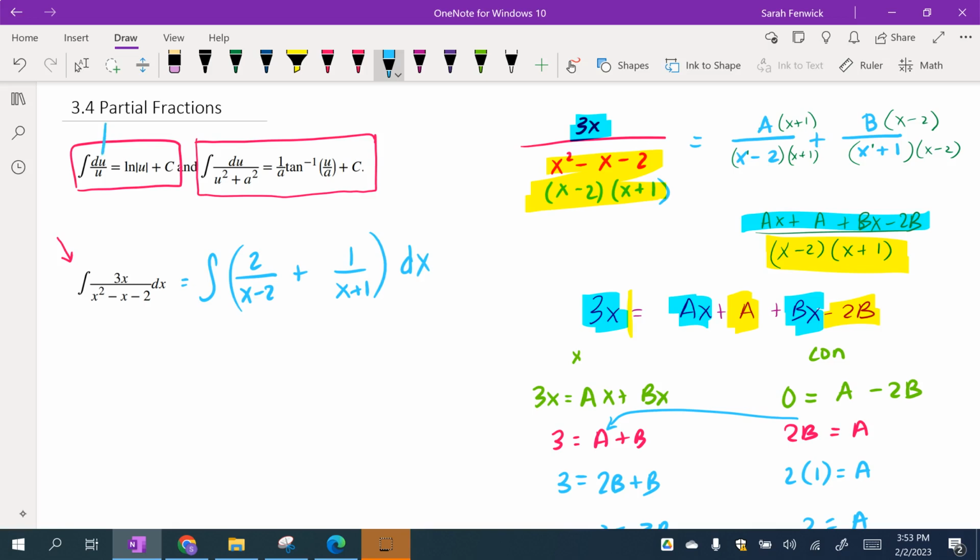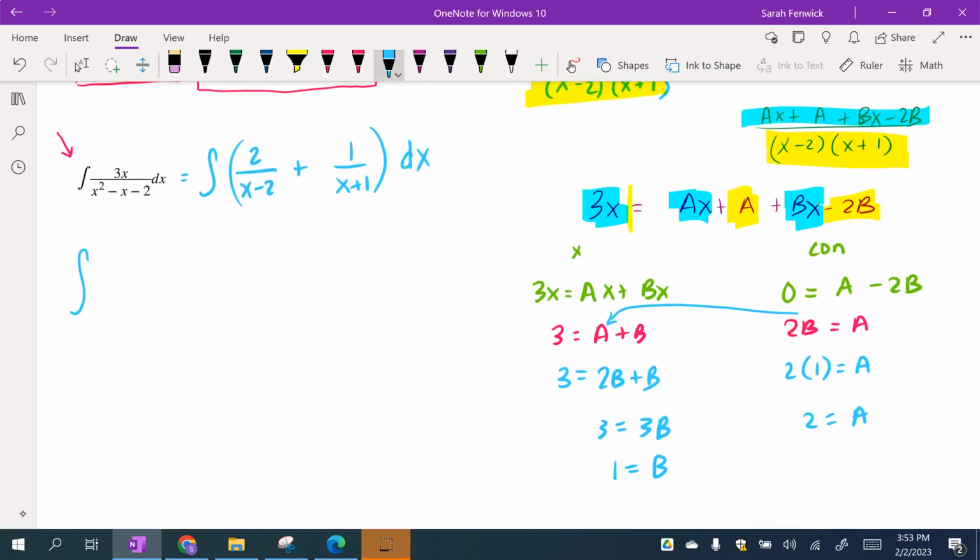And now we can use U substitution for this rule. So we have the integral of 2 over x minus 2 dx plus the integral of 1 over x plus 1 dx. Each of those gets their own u. U is x minus 2. Du is 1 dx. So the 2 technically goes out here. There we go. Here, u equals x plus 1.